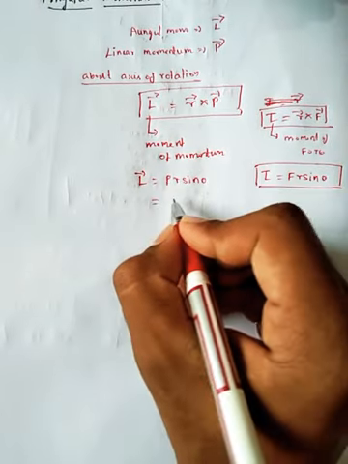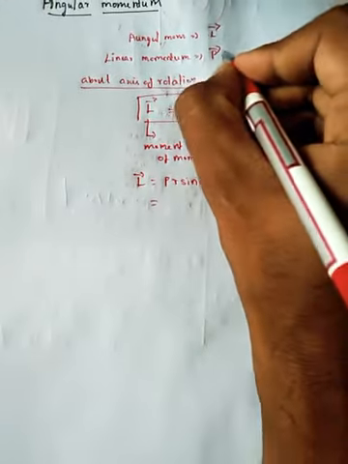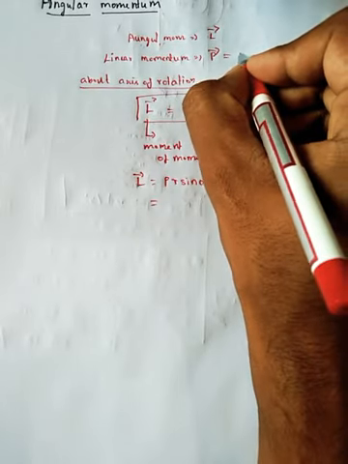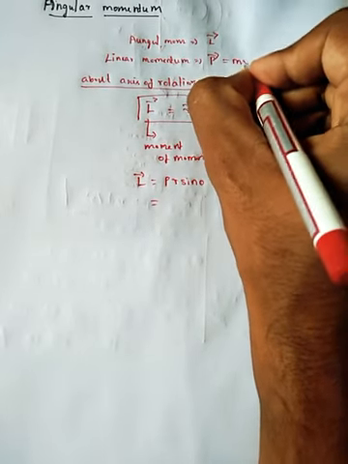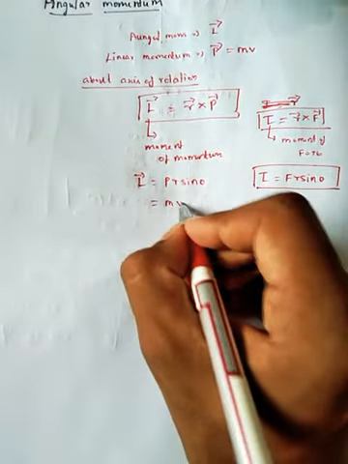We already know the formula for linear momentum is the product of mass into velocity. Putting these values here, we get m v r sine theta. This is the formula.